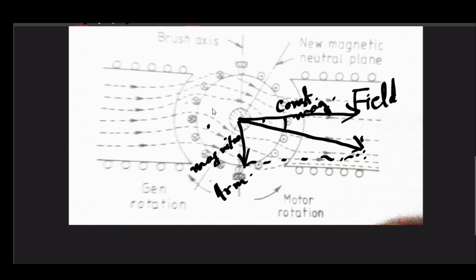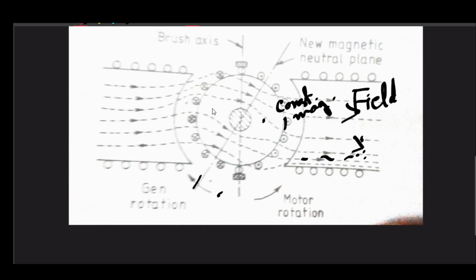So what will be the new position of your magnetic neutral plane? That will be exactly perpendicular to your new resultant vector, like it should be perpendicular to this vector, right? So this explains the whole thing, that this new magnetic neutral plane can be anywhere in between.